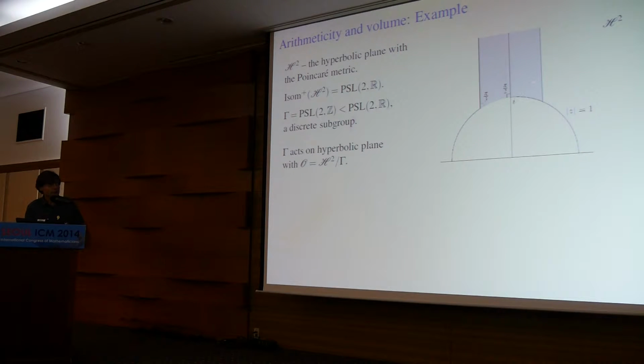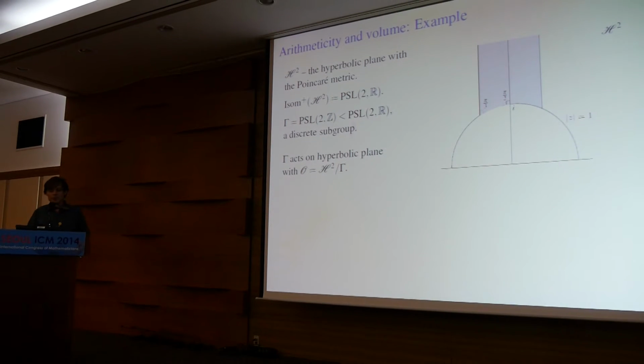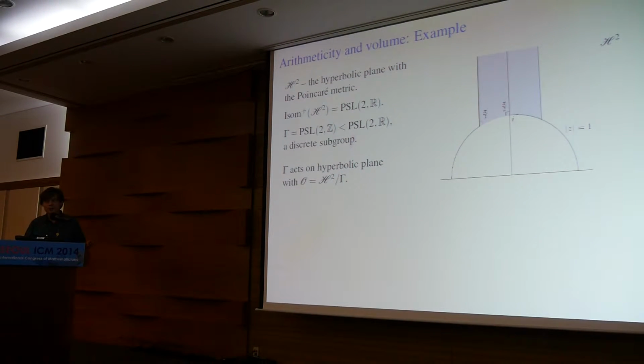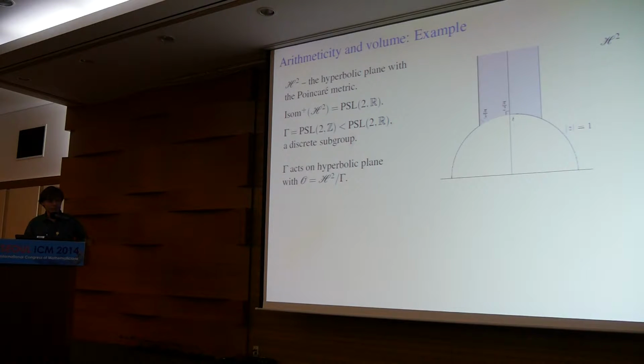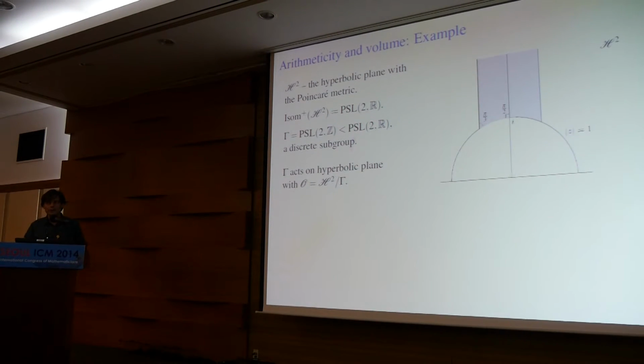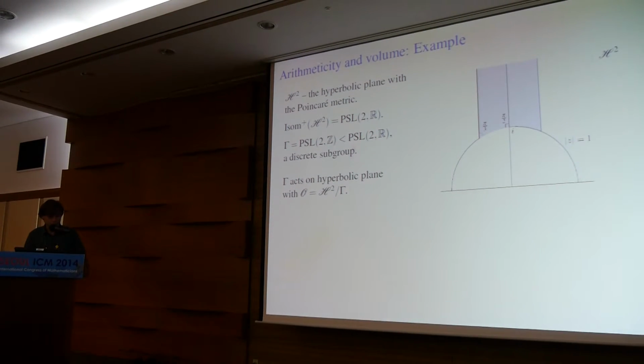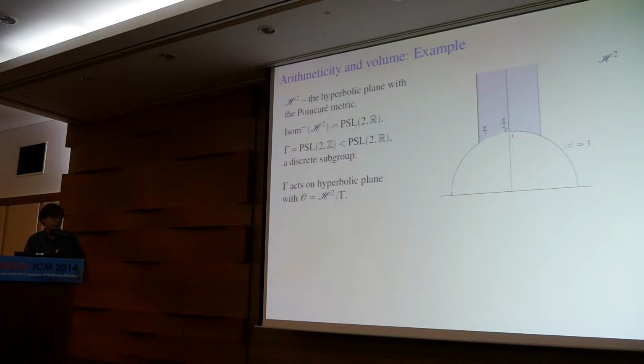The thing is that this group is not co-compact. Its fundamental domain is this half strip. It's infinite, but because of the hyperbolicity, when we integrate over this fundamental domain, we get a finite number. And this is the volume, the area in this case.